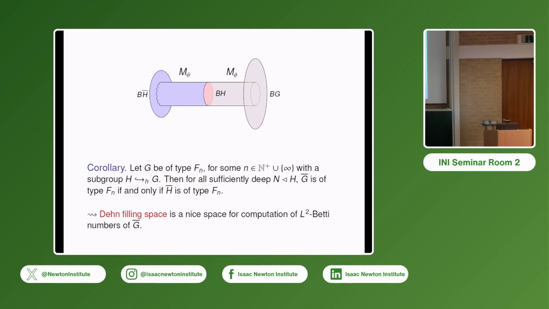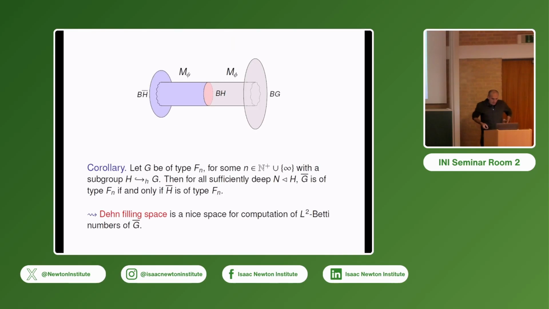Are you saying that if N is sufficiently deep, then G/N... Yeah. And then this space is a classifying space for G bar. Okay. Right, thank you.